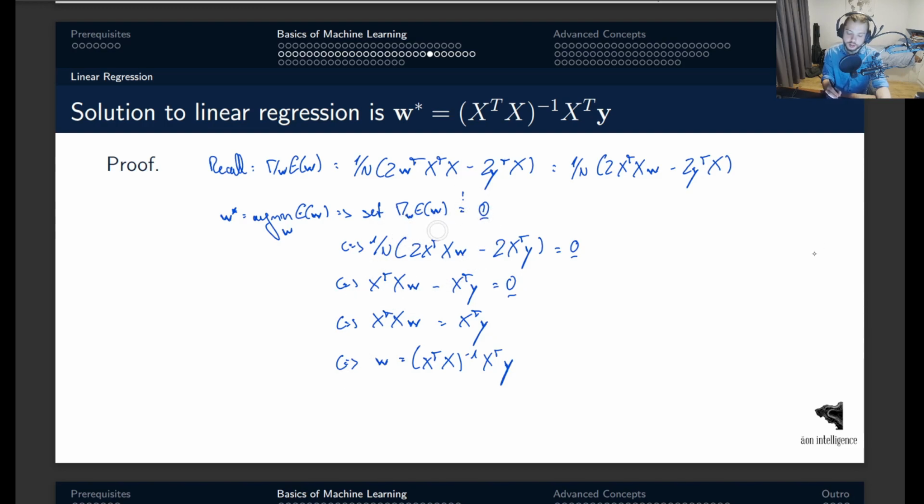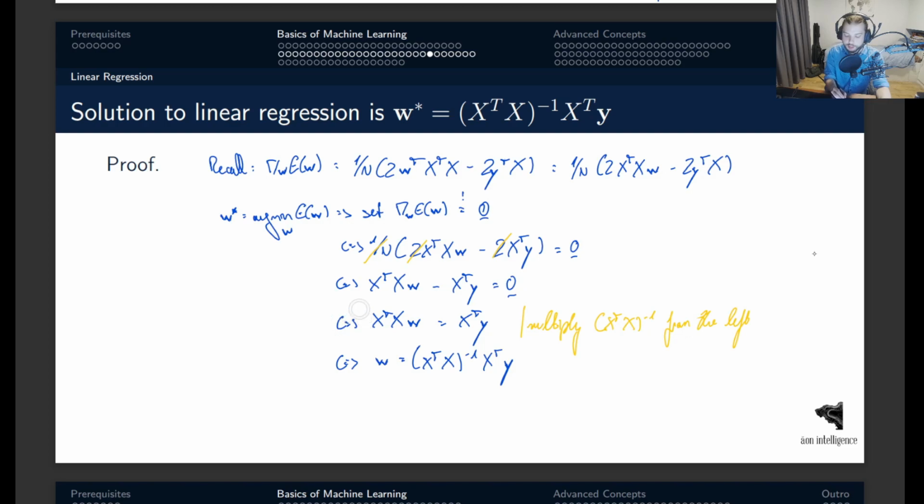And this is equivalent to setting this expression to the null vector, again, because this is the gradient of the mean squared error. And we observe that all of these factors don't matter, so we can cancel them and arrive at this equality. And then we can add X transpose Y to both sides, and we are left with this equality. And finally, we want to find the minimizer W. So we have to get rid of this X transpose X. And we do this by multiplying X transpose X inverse from the left.